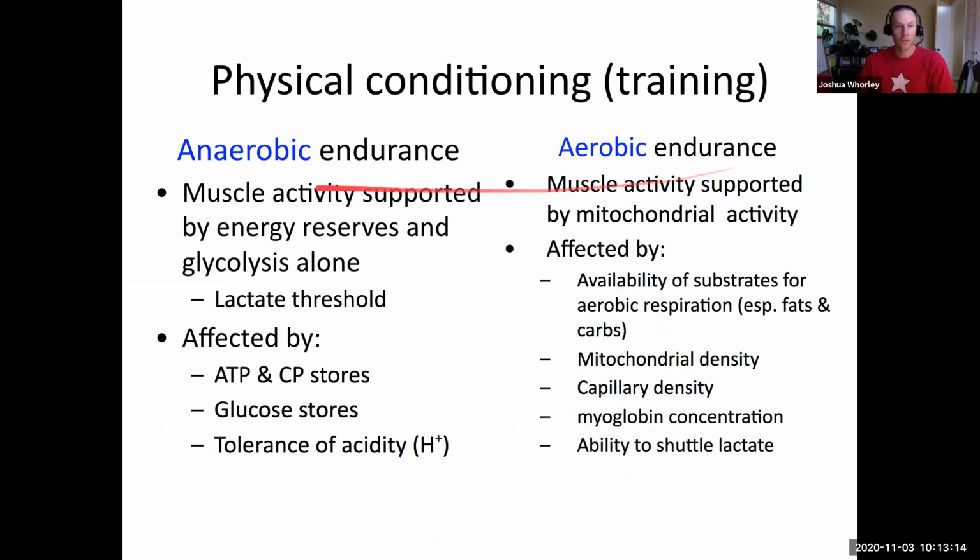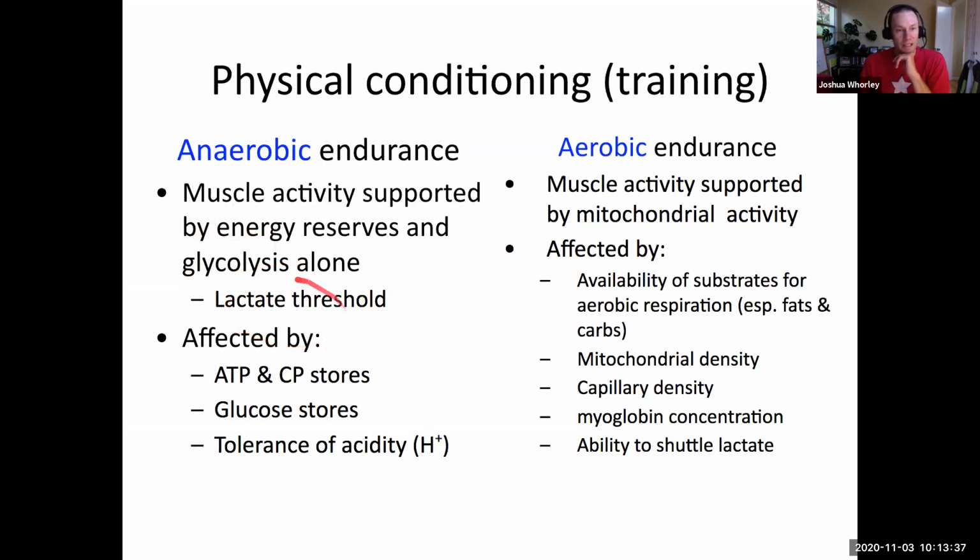But when you start doing anaerobic endurance training, that's when you're going past aerobic and you're shifting to muscle activity that requires not just mitochondrial activity, but also glycolysis, continued glycolysis in the absence of additional mitochondrial activity.